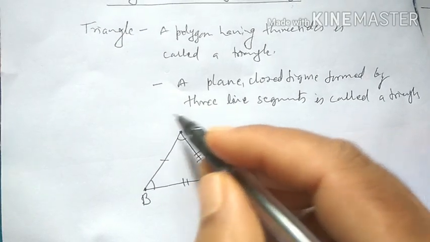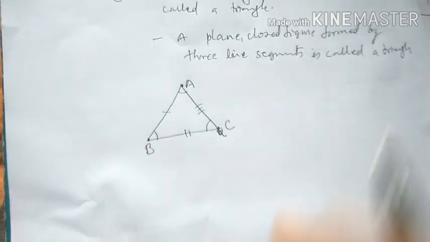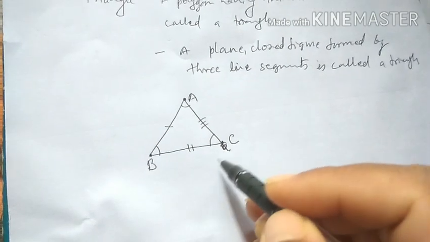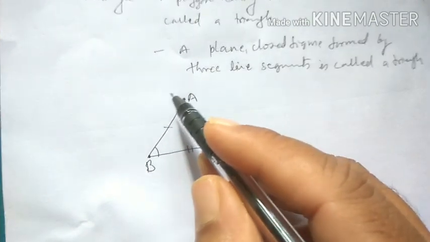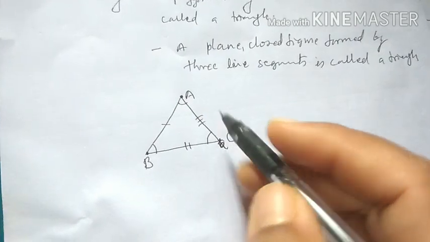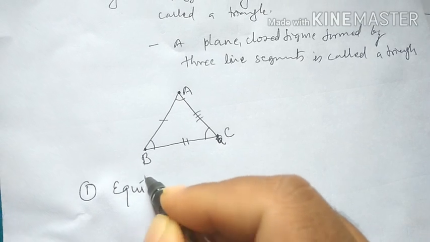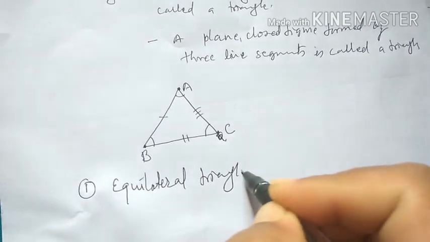Now we are going to discuss types of triangles. Okay, so on the basis of sides, the triangle is divided into three classes. First is the equilateral triangle. What is an equilateral triangle?